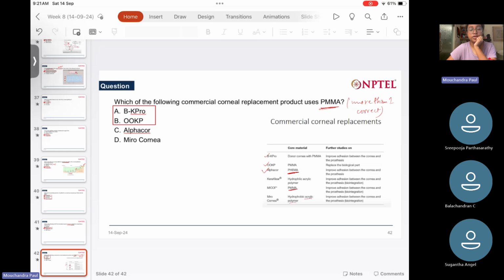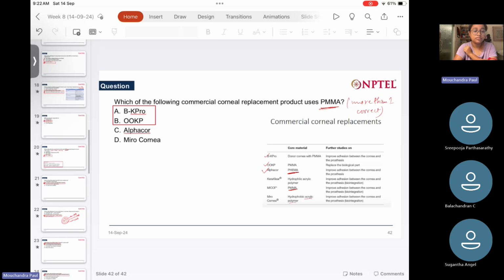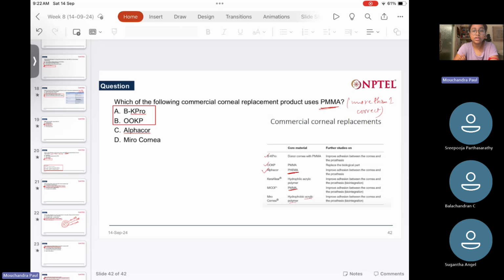Any topic you have not understood in the course and you want me to discuss, we'll have time for that too. I'll discuss briefly though, but if your query is specific, it will help.